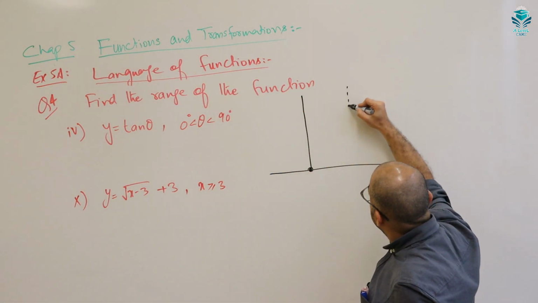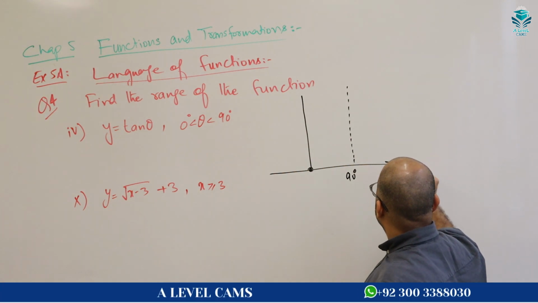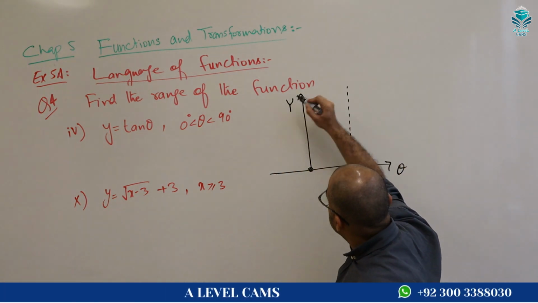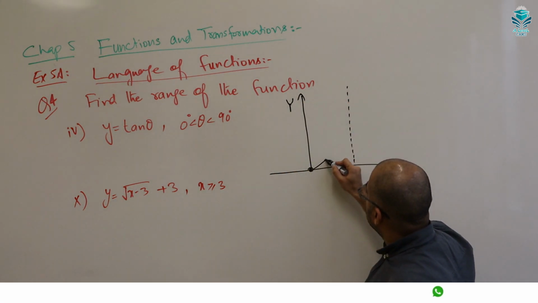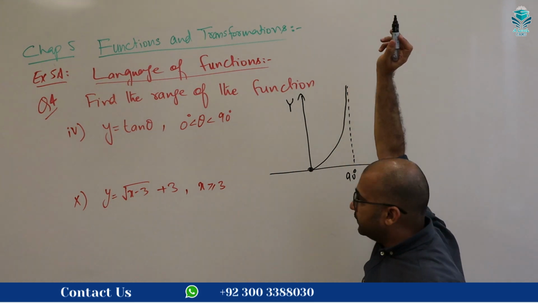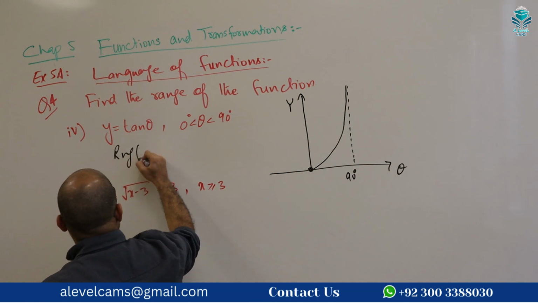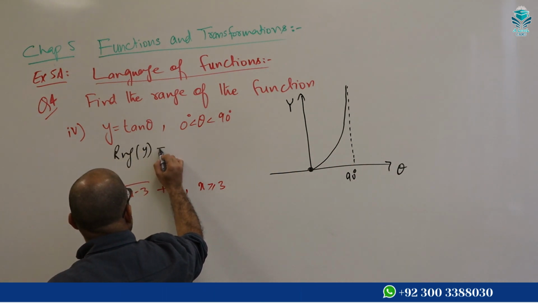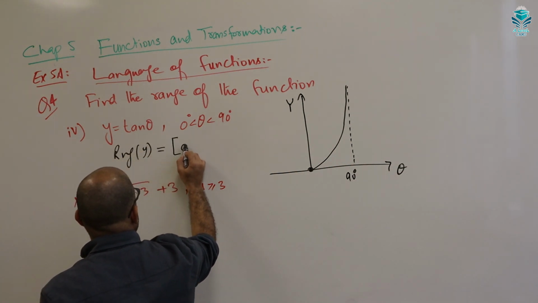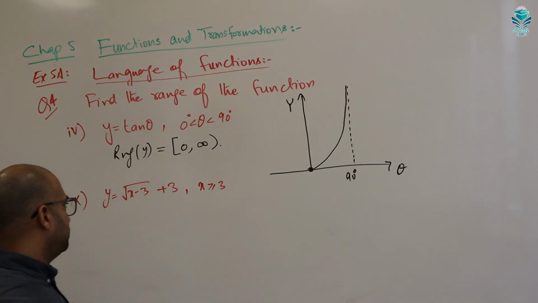So let's say this is 90 degrees, this is theta, this is y. At 0 the function is 0 and at 90 the function is going to positive infinity. So the range of y is 0 included and infinity open.